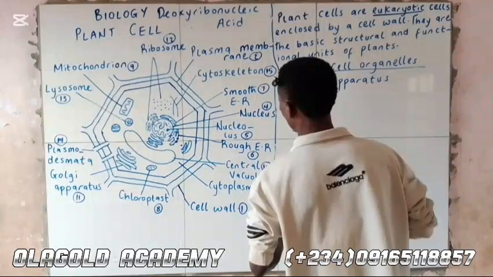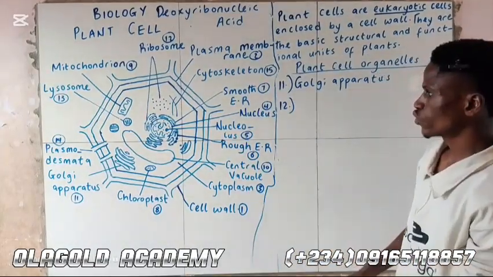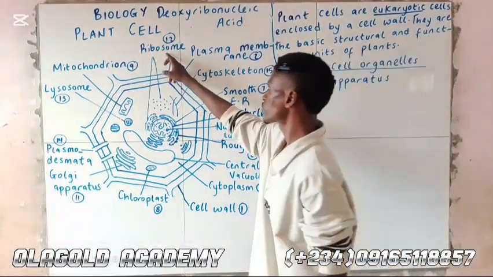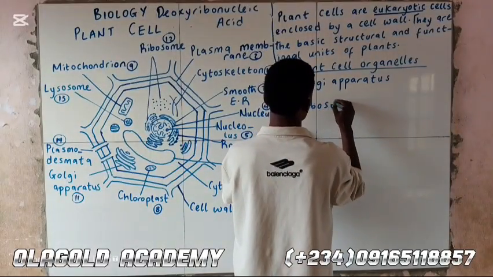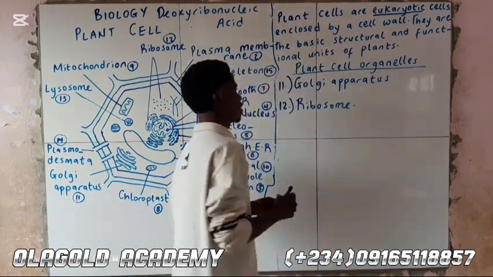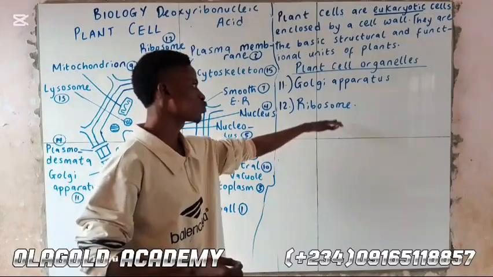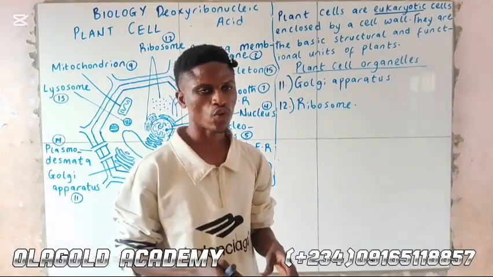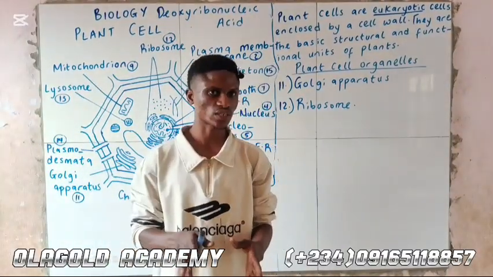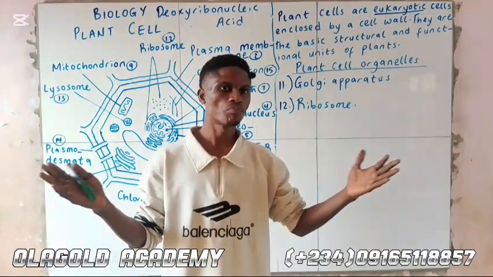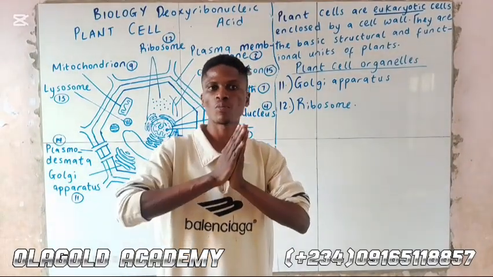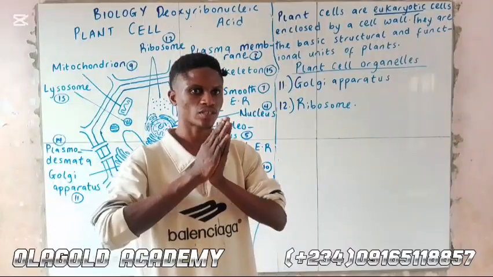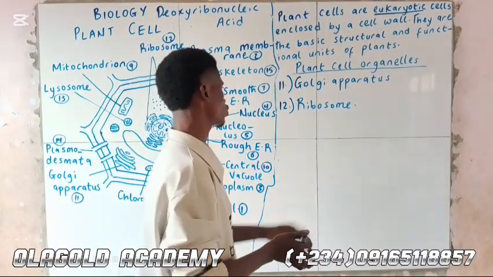Number 12, we have the ribosome. And remember I said that the ribosome is what helps for protein synthesis, meaning that it combines amino acids together to form proteins. That is the work of the ribosome.